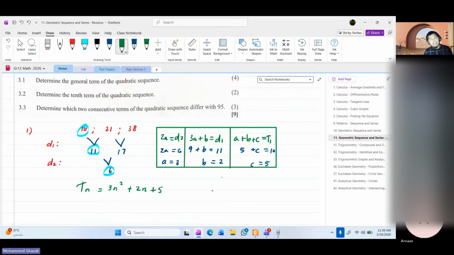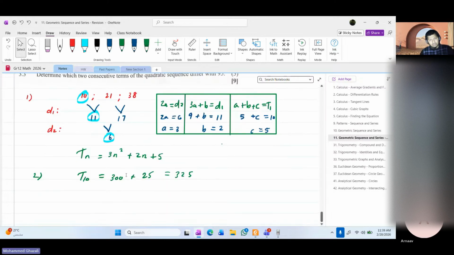It works. Determine the 10th term of the quadratic pattern. Straightforward. T10 is thus 300 plus 10 squared, right? Plus 25. So 325 plus 20 plus 5, basically. I wouldn't even do this, right? Just write down the answer 325. That's it. That's sufficient.